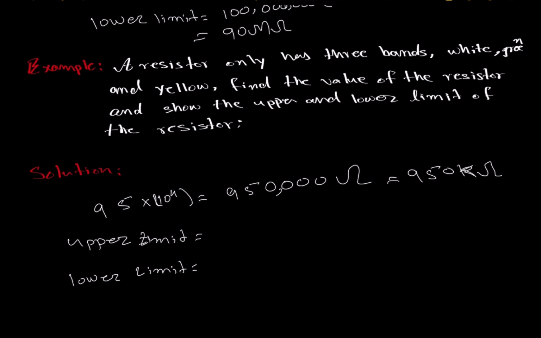So we said 950,000 times 0.2 will give us 190,000. 950,000 plus 190,000 will give us a total of 1,140,000 ohms.